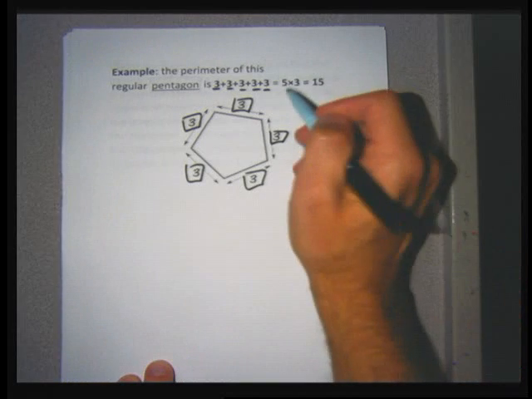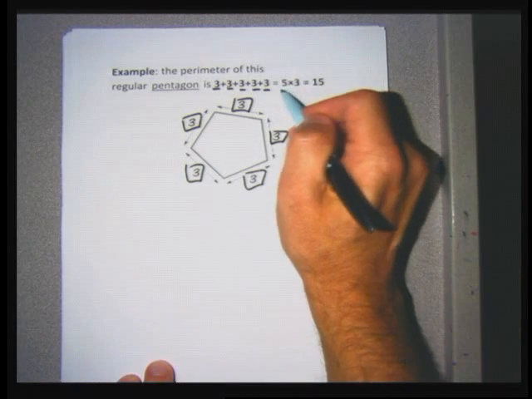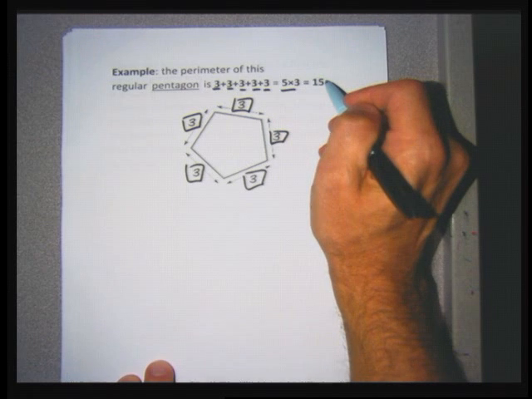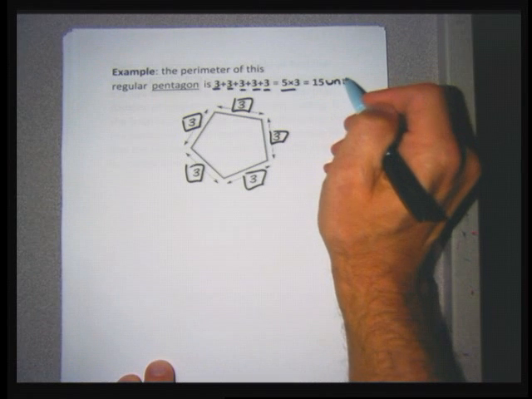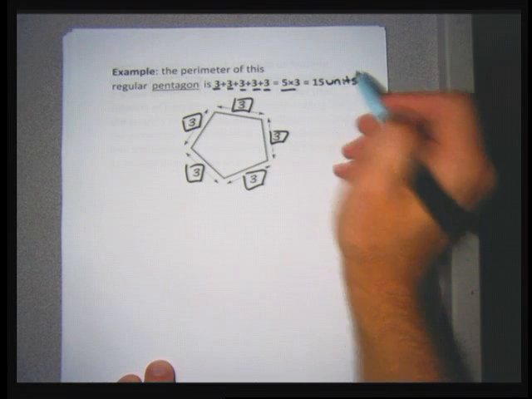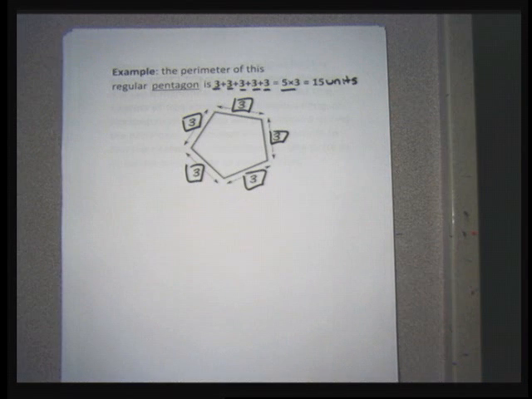Another way to do this is there's 5 sides, each times 3. That will also give me 15. And again, I should probably attach some sort of unit of measurement to the answer of what the perimeter of that pentagon is.